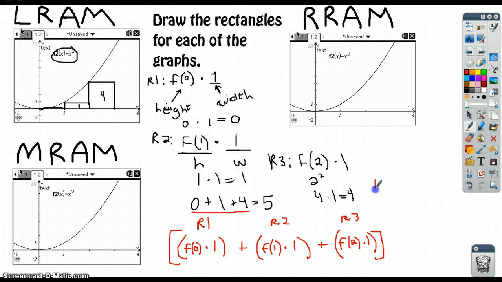So we would literally have our rectangle width on the outside with our rectangle heights, where this is my common width.